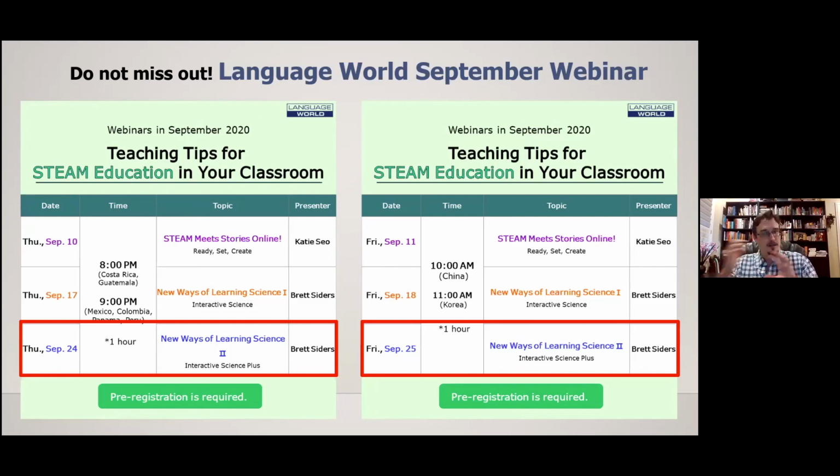This is going to be a little bit different because these won't be focused on activities, but on how we can teach scientific method using English. If I say that term, scientific method, and you get a little worried or hesitant, like, I'm not a scientist, don't worry. Remember, that's how these books are designed. They're designed for English teachers, not science teachers. So if you enjoyed this webinar and would like to learn more, especially about using higher level science in your English classroom, I recommend you join us for that. It'd be wonderful to see you there.